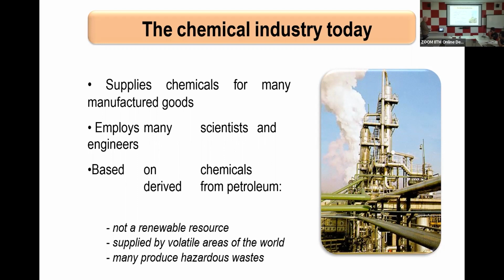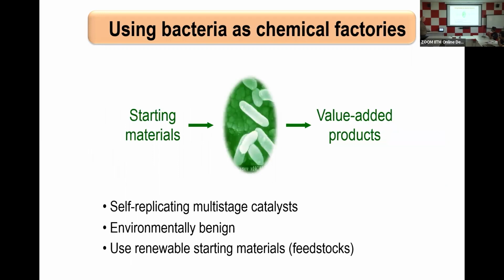The resources are provided by areas of the world that are not predictable, and also the chemical industry typically produces waste. So these are the downsides of the chemical industry that, on the other hand, is the basis of our society and economy.